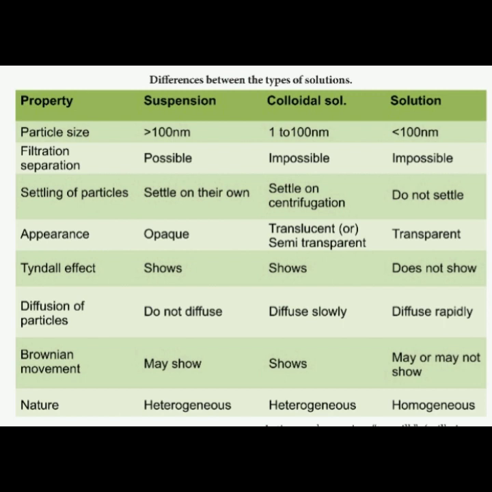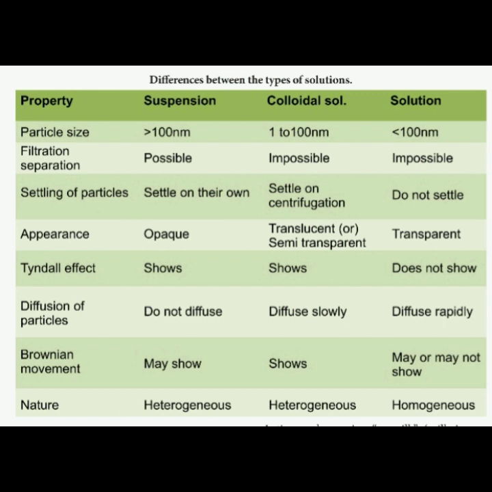Very important question. If the particle size is very large, more than 100 nanometer, it comes under suspension. If it is 1 to 100 nanometer, it is called a colloidal solution. And if it is less than 1 nanometer, it is called a true solution.